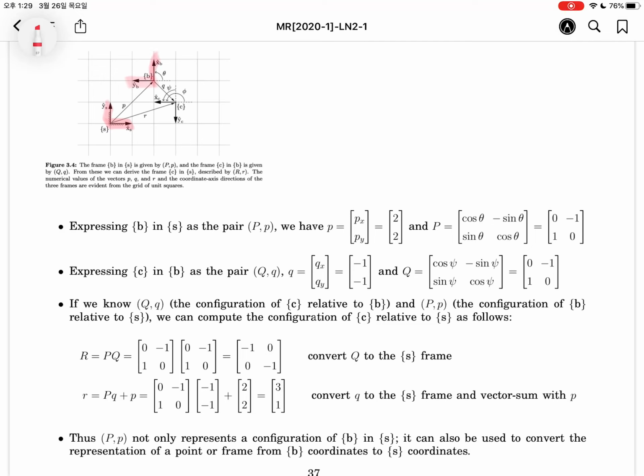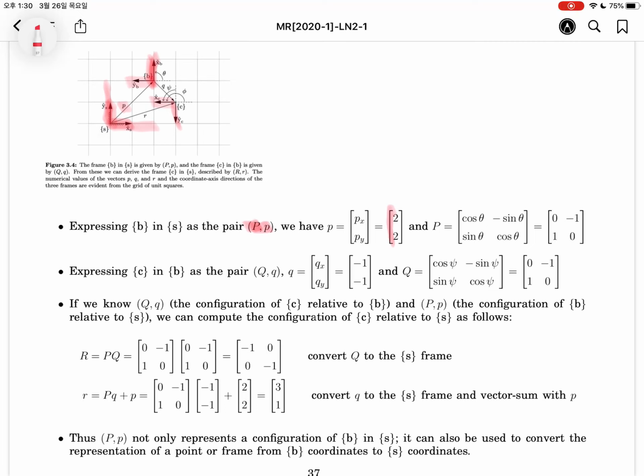Here, the origin of frame B will be described as (2, 2) because we have 2 units and 2 units. And the orientation matrix can be described. The XB can be read from the S frame. The XB will be equal to the YS axis.